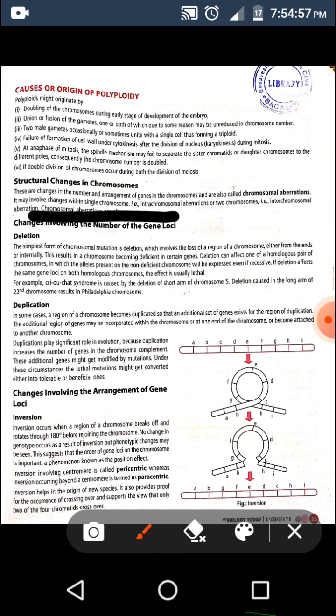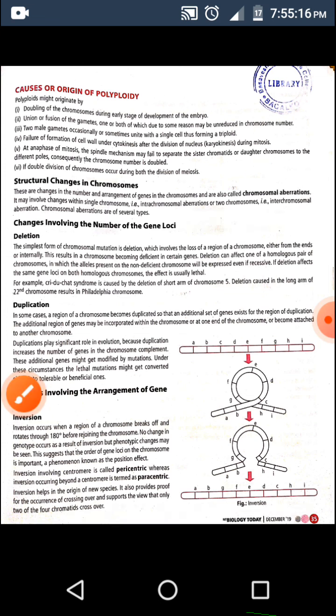These are changes in the number or arrangement of genes in the chromosome.